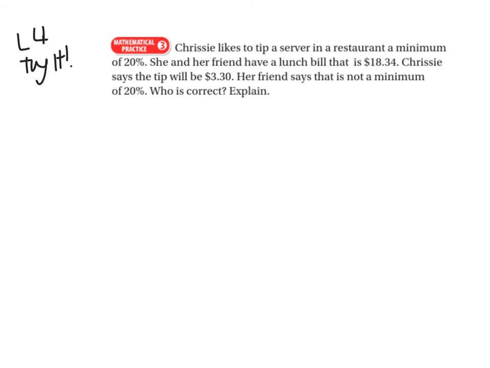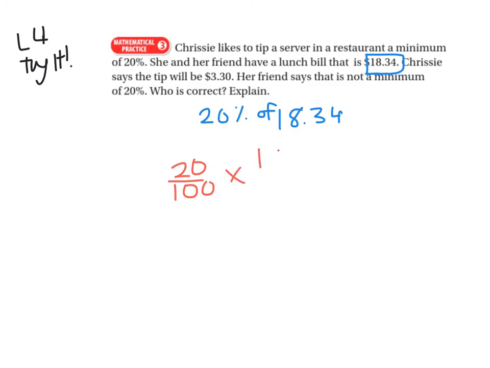Alright, so I'm going to prove if Chrissy's right or if her friends are right. I'm going to take this total, 18.34, and I want to find 20% of it. Okay, and if it's 3.30, then Chrissy's right. If it's not 3.30, then she's wrong. So I have 20 over 100 times $18.34 over 1.